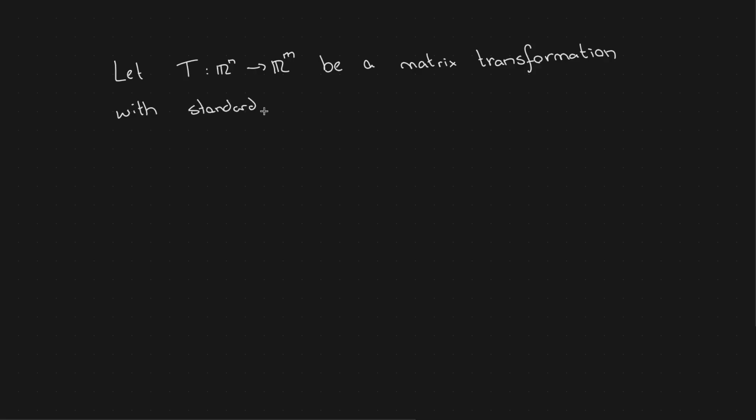Let T from Rn to Rm be a matrix transformation with standard matrix M sub T, and we'll just focus on the columns of this matrix.